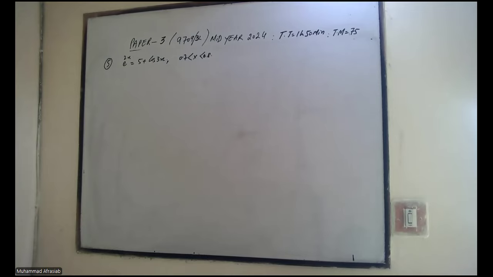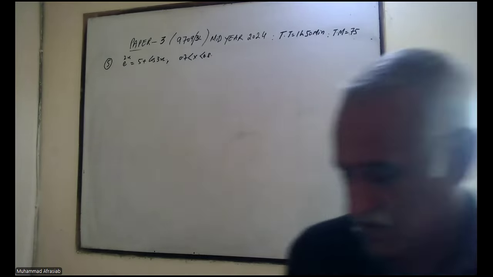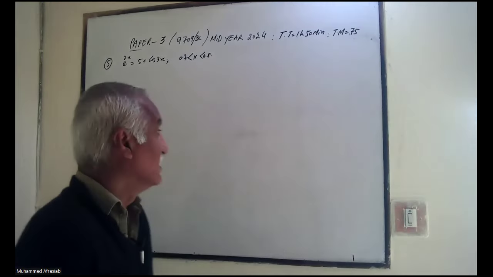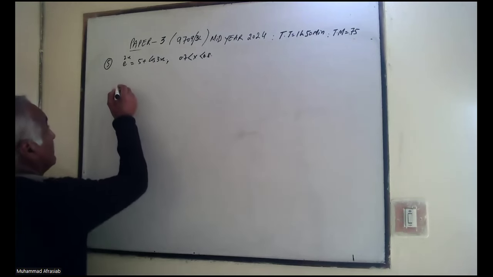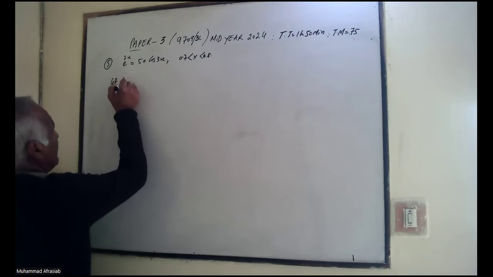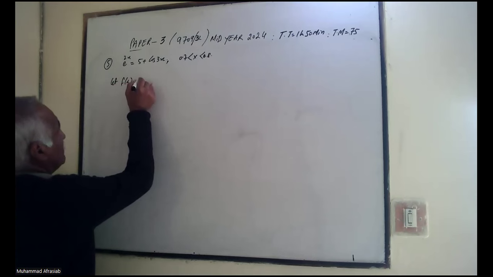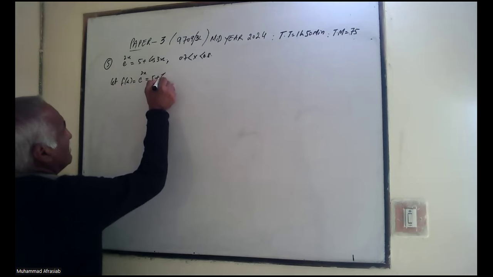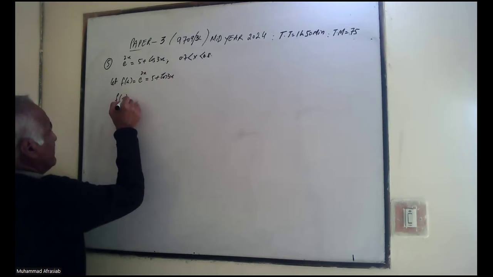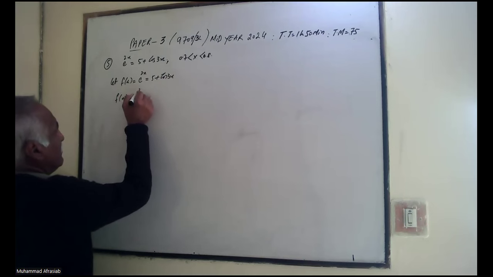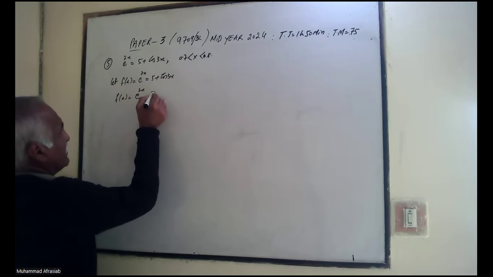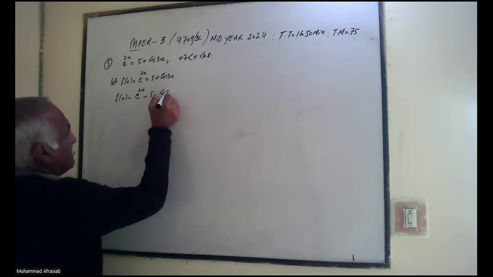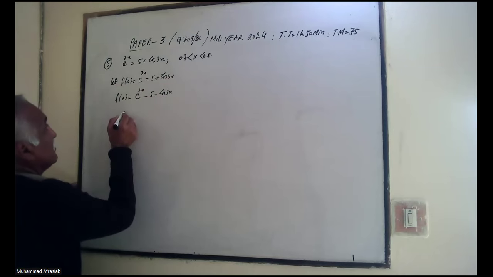Since they say that it converges to between 0.7 and 0.8, first of all, let f of x be equal to e power 2x minus 5 minus cos of 3x.